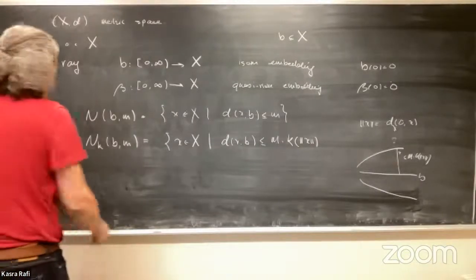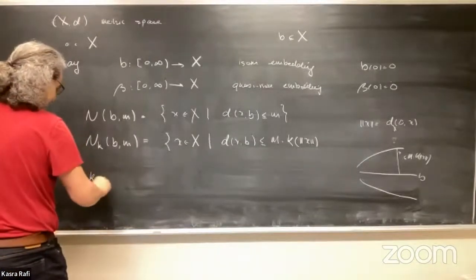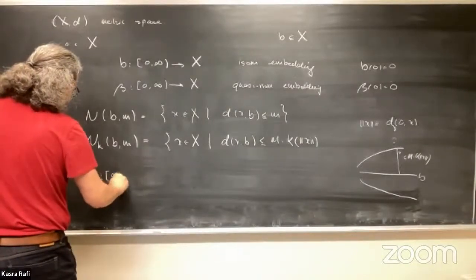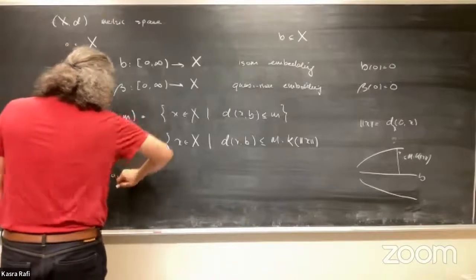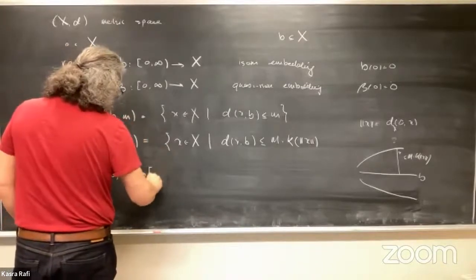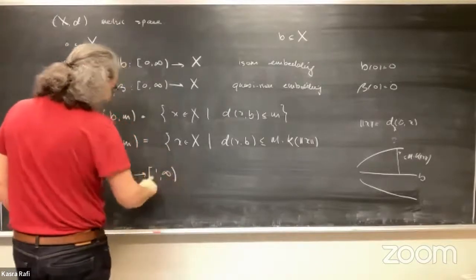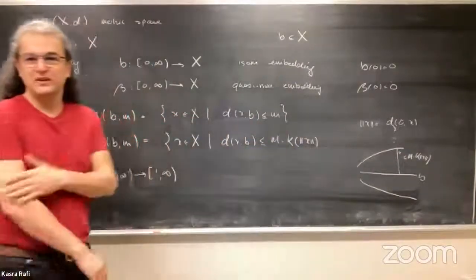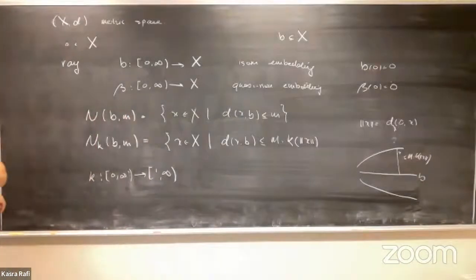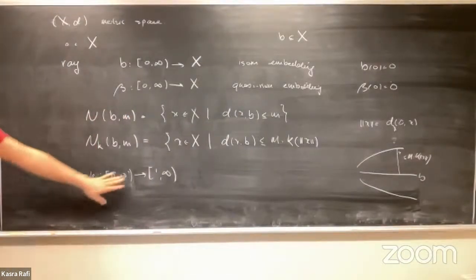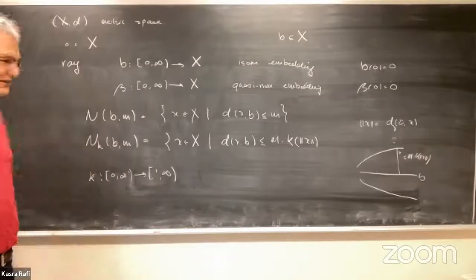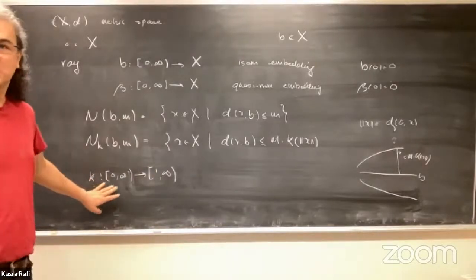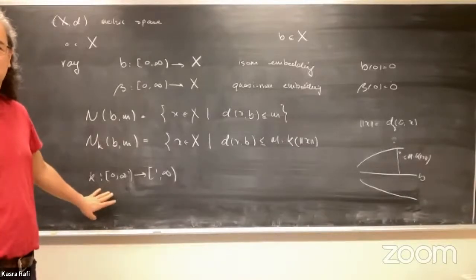Kappa is usually a sublinear function. It's a map from [0, infinity) to [1, infinity). I like the kappa to never be 0 because I keep multiplying things by kappa, and I don't want that number to be 0. So kappa is at least 1. This is a continuous, maybe concave, sublinear function.